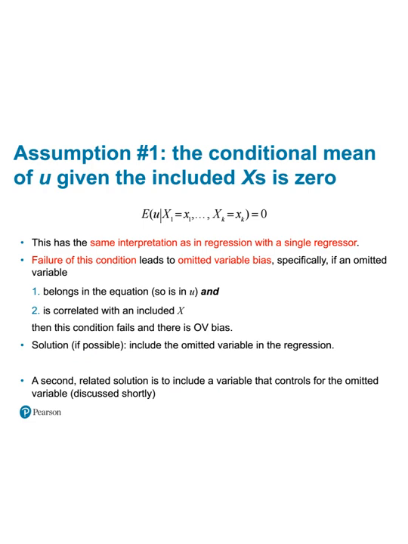So condition number 1, where the expected value of our error term given our independent regressors is equal to 0. This has the same exact interpretation as in the regression with just a simple regressor. Essentially, if it's not equal to 0, then there is a covariance between our error term and our regressors. There's a relationship. But if we assume that there's actually no relationship, then we don't have omitted variable bias, so we can avoid that.